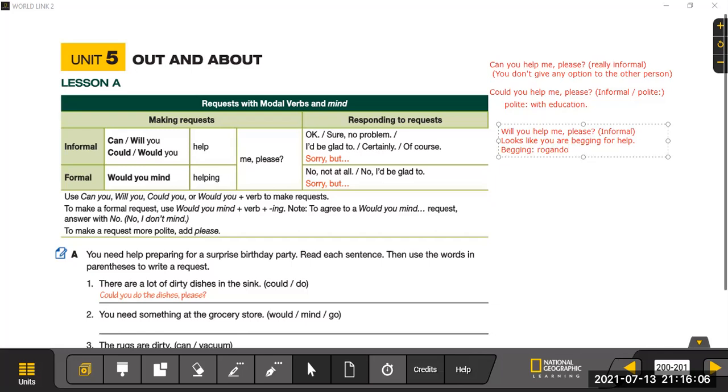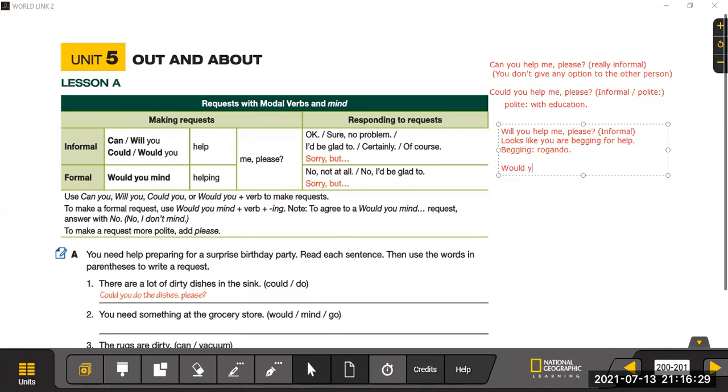So when you use, will you help me, please? It's like you are begging for help. Maybe the other person is not going to help you, but you need help. It's informal, and actually you are begging for help. Tú estás rogando, mendigando una ayuda, right?